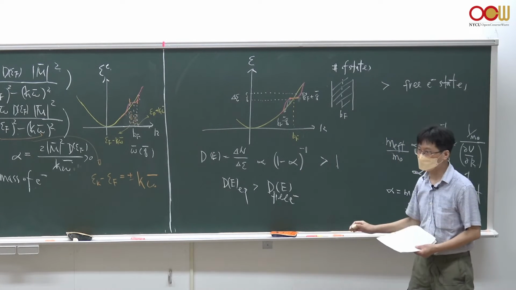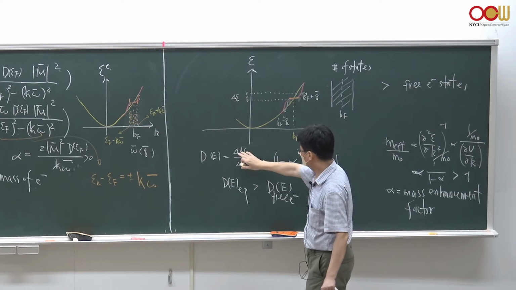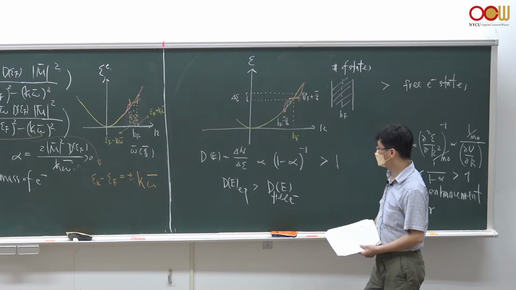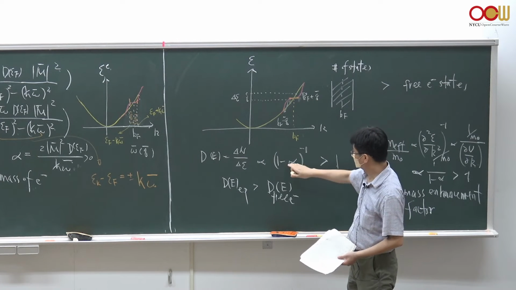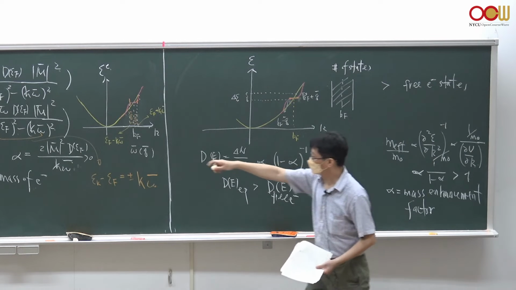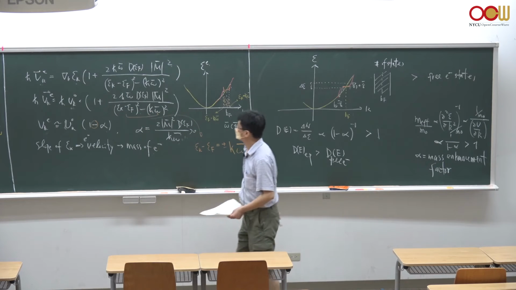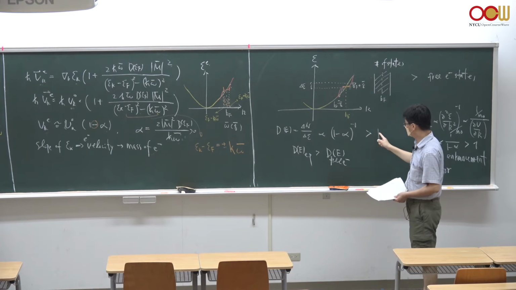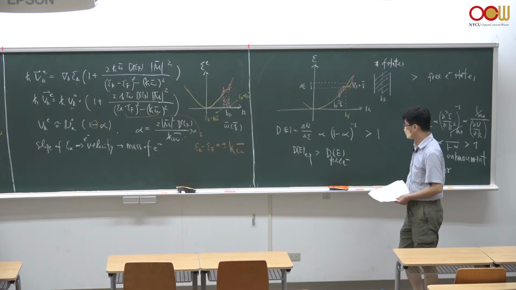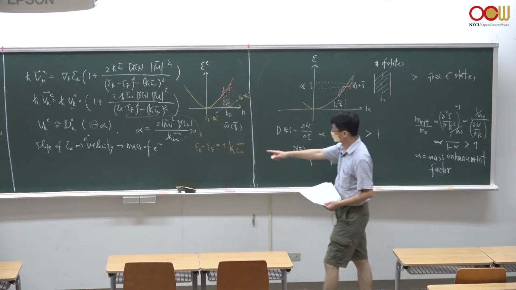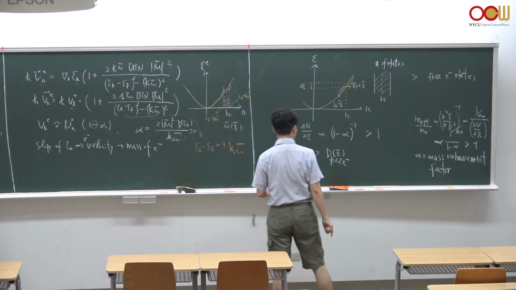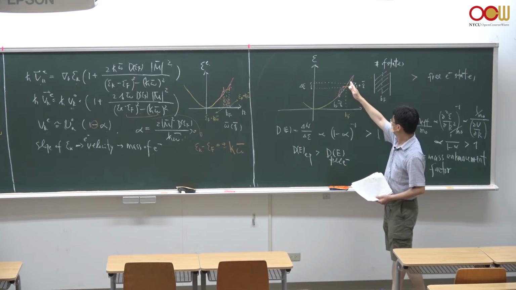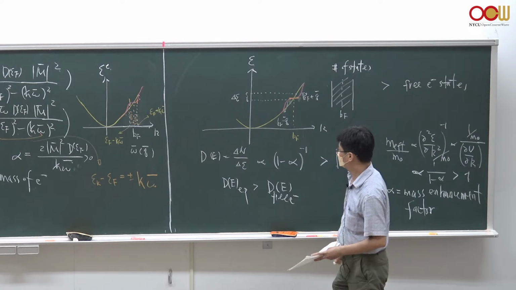Okay, so if you calculate the density of states, which is given by the derivative of the number of states with respect to energy, you get a factor of 1 over 1 minus alpha, which comes from this new dispersion, and you can see that this factor is actually bigger than 1, which means that for alpha positive, you get an enhancement of the density of states compared to the density of states at the Fermi level.